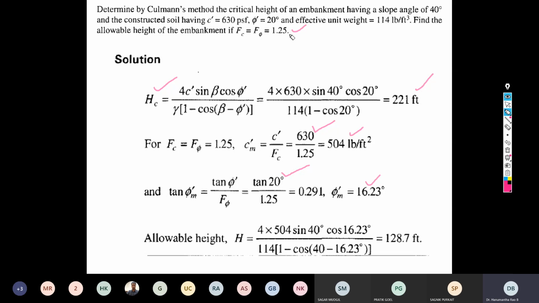Can I say this 1.25 value is approximately equivalent to the strength? Yes, sir. Okay, good. Any other suggestions or comments? I think no, sir.